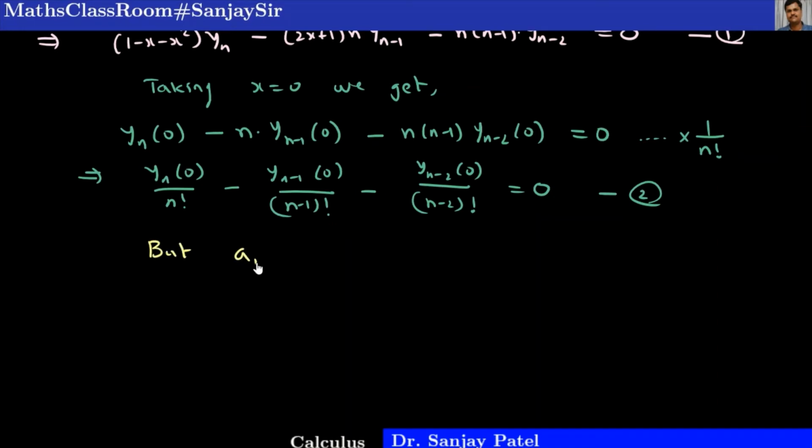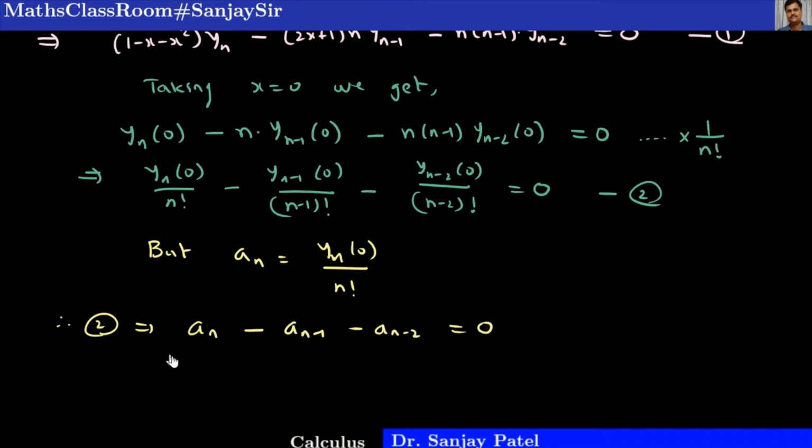But we have an is equal to yn 0 upon n factorial, okay, for any n. So from 2 we can write the first term as an, and this term as an minus 1, and this term as an minus 2, equal to 0. Okay, so this can be written as an is equal to an minus 1 plus an minus 2. Okay, so that is the thing.